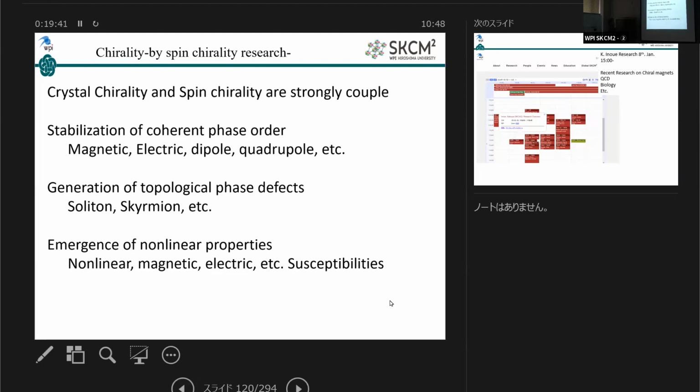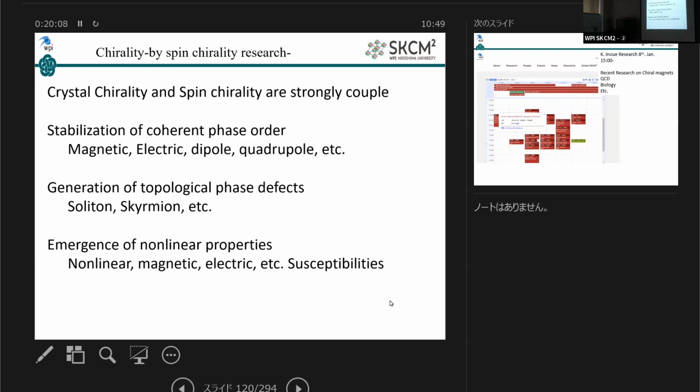I said magnetic phase order, but electronic is also possible, dipole or quadrupole. Very recently we found a quadrupole magnetic phase order in our system. The generation of topological phase defects, soliton, skyrmion, hopfion, is also realized by putting chirality.